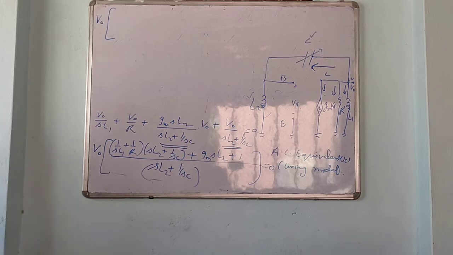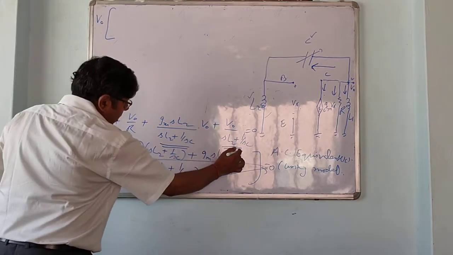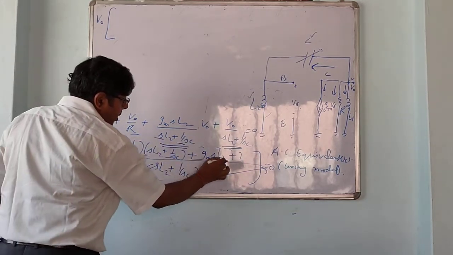And from here, when this is multiplied, we have only these terms in the numerator.